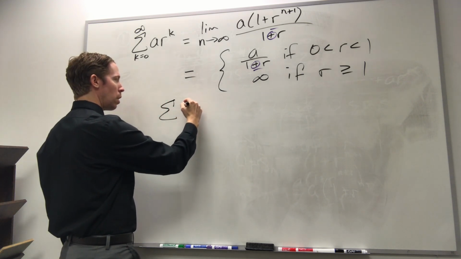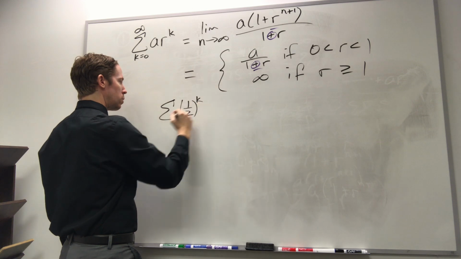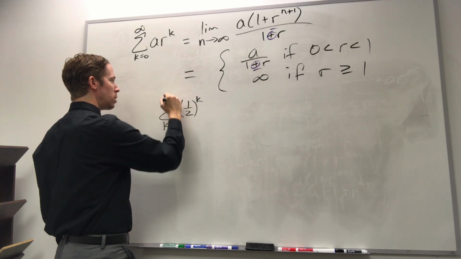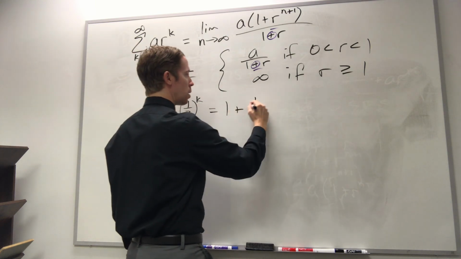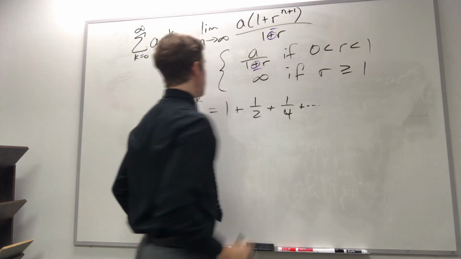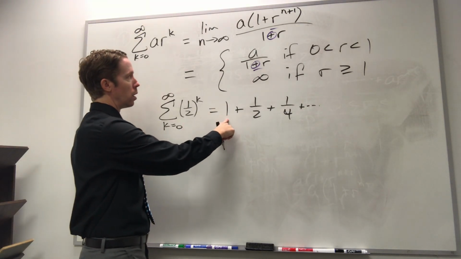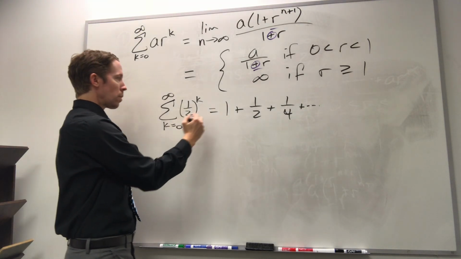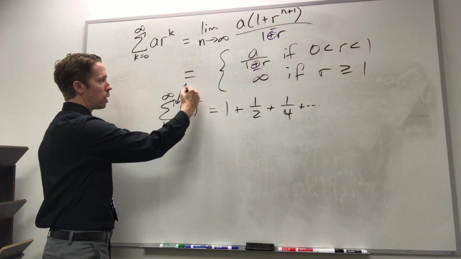We had the sum of 1/2 to the k, where k started at 0. I'll write it like this as well. So here, you're starting out with 1. There's a hidden 1 right here.